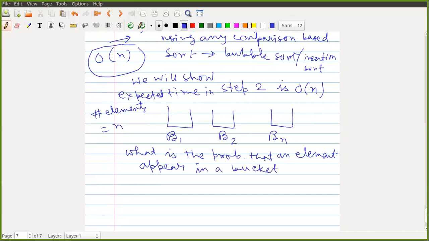Given this condition, now I ask: what is the probability that an element, say xi, belongs to bucket n? It's 1 by n, right? There is a single element and there are n choices, so it is 1 by n.